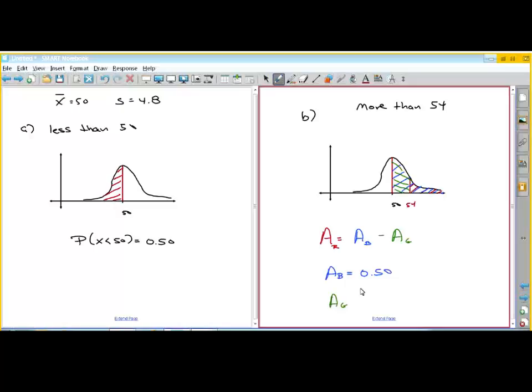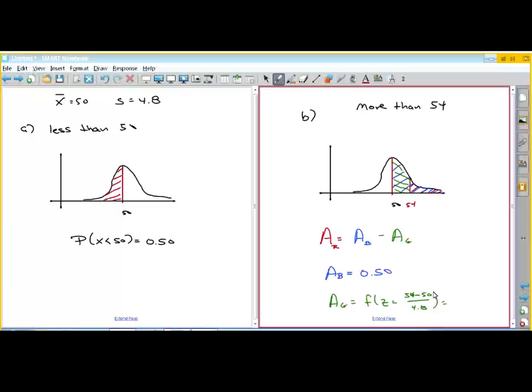The green area is a function of the z-score, 54. So this is a function of z of the green, which is going to be 54. So the z-score is 54 minus the mean, which is 50, divided by the standard deviation, which is 4.8.